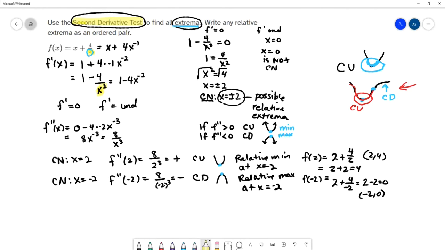Okay, so I made a mistake right here in substituting a positive 2 in for x into the function. So let's correct that. That should be a negative 2, which is negative 2 minus 2, and that's negative 4. So our relative max should be negative 2, negative 4.